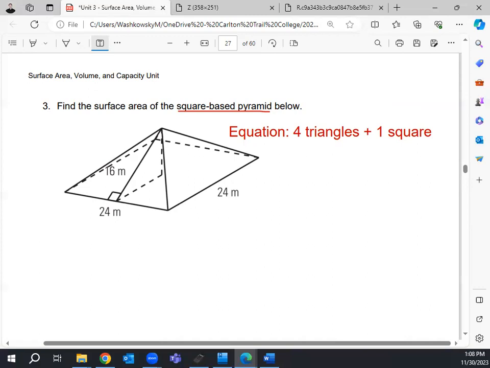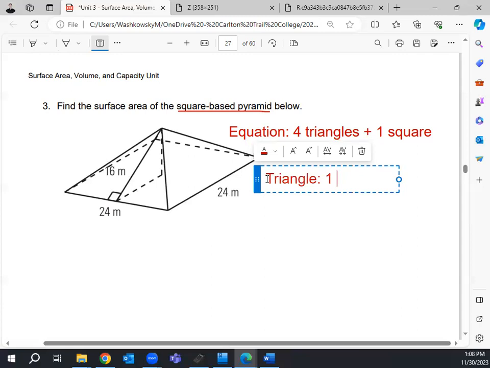Okay. So this is my equation, right? So not too difficult. Now, remember, what's my formula to find a triangle? Yeah, it's half times base and height.